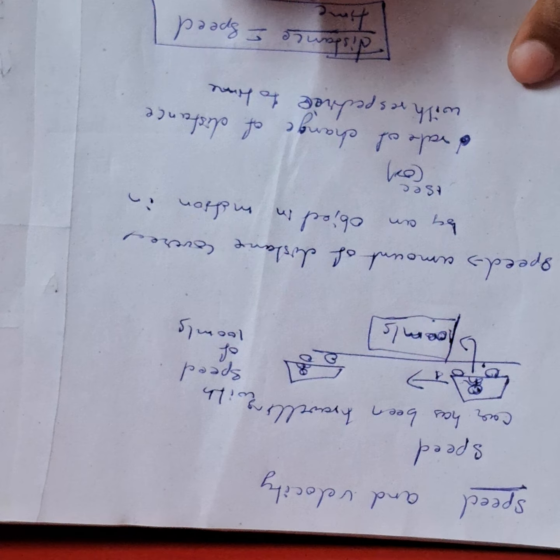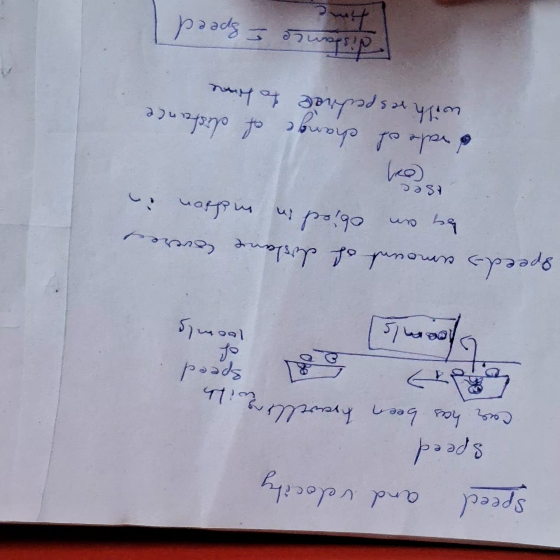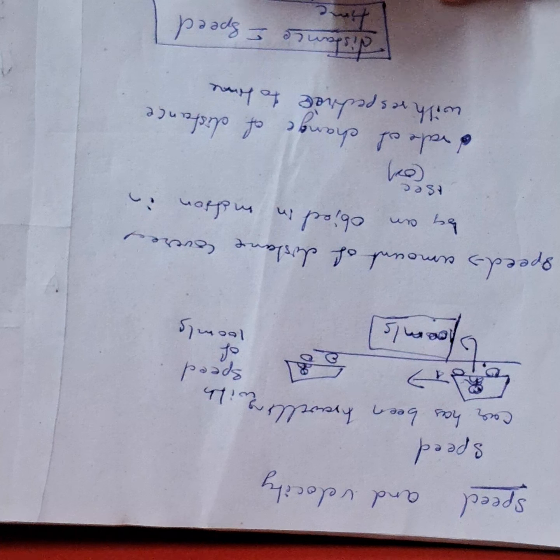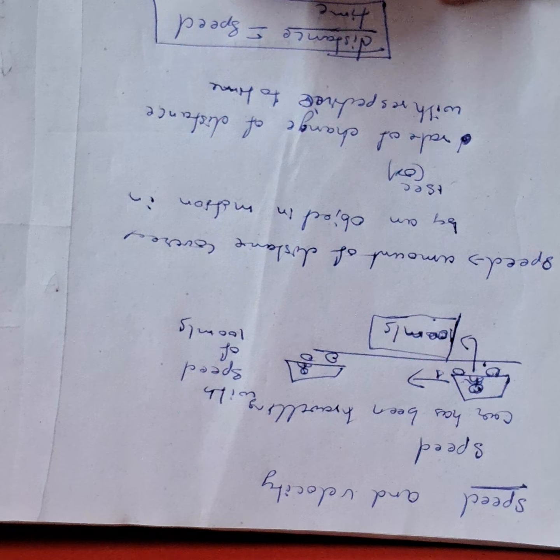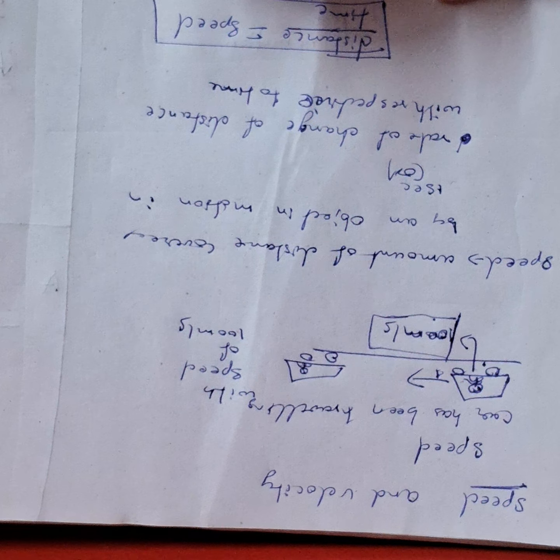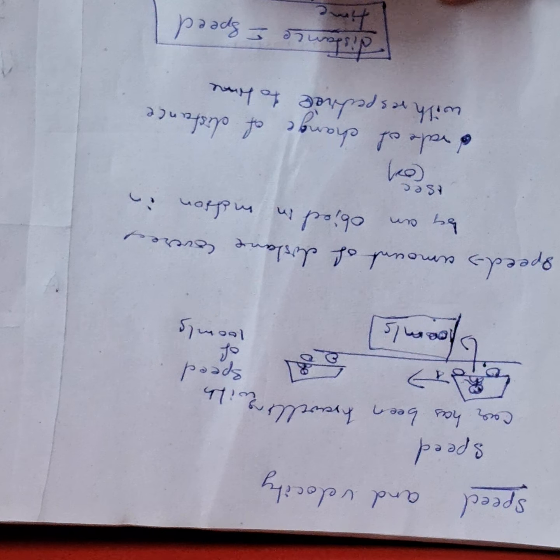You can remember this formula by simplifying the terms: S equal to d by t, where distance is represented by d and time is represented by t. You can solve many numericals by using this. I hope you understood what speed actually means.